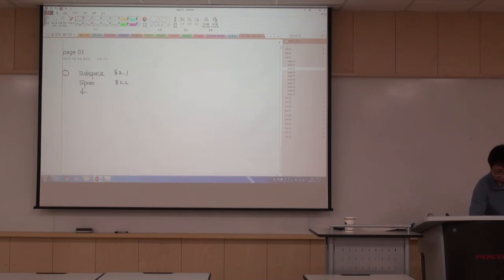Of course, determinant of a matrix in section 2.2. Cauchy-Schwarz inequality in section 2.4.